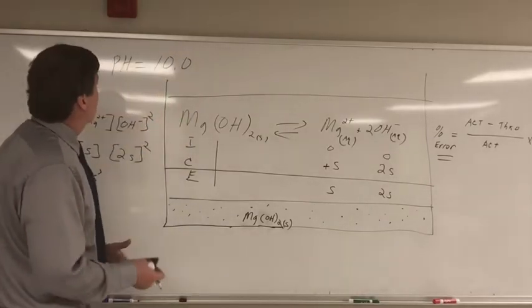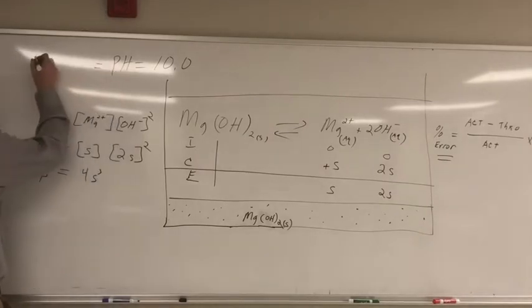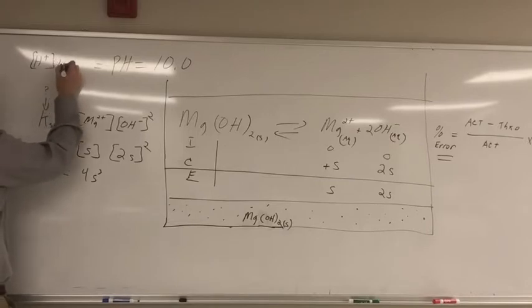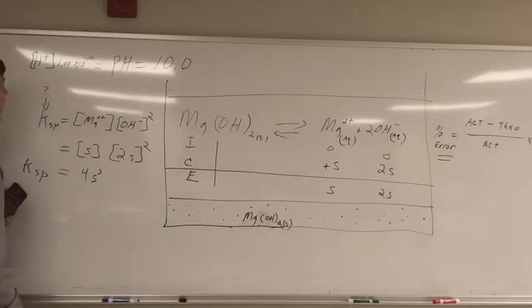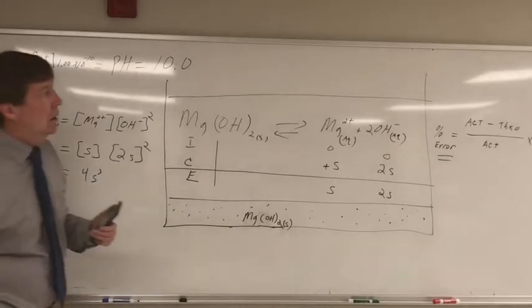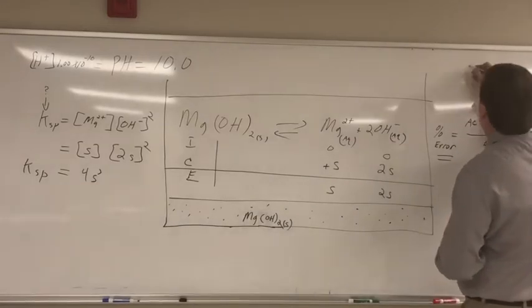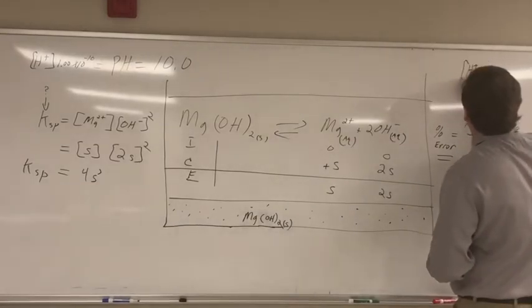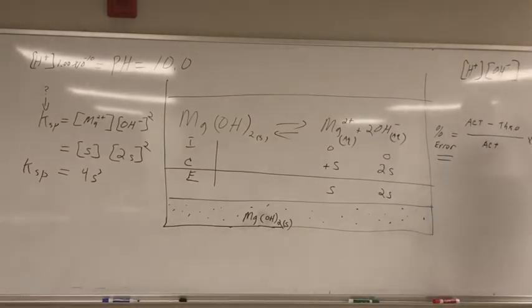So again, looks like the pH is 10. What that means is the hydrogen ion concentration, H positive ion concentration, is 1.00 times 10 to the negative 10th, pretty low. Since we have the H positive ion concentration, we can multiply that by the hydroxide ion concentration, and that number is going to be a constant value.